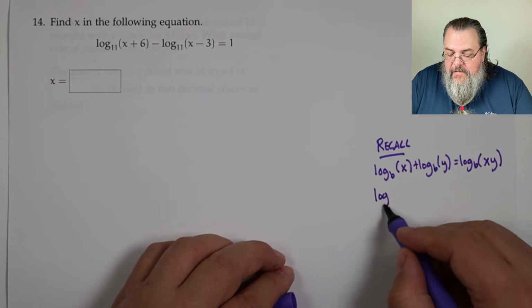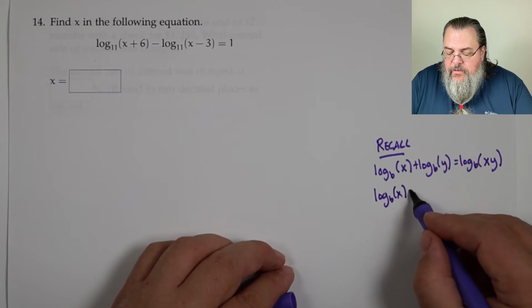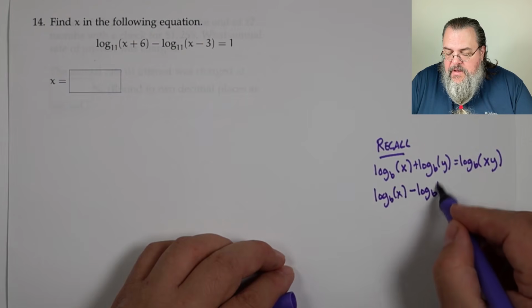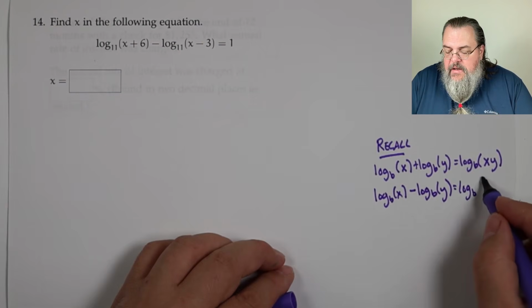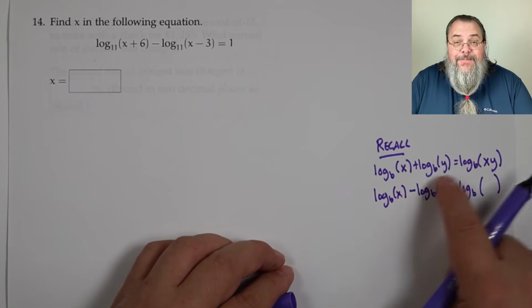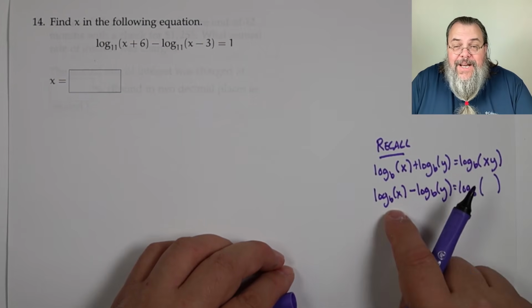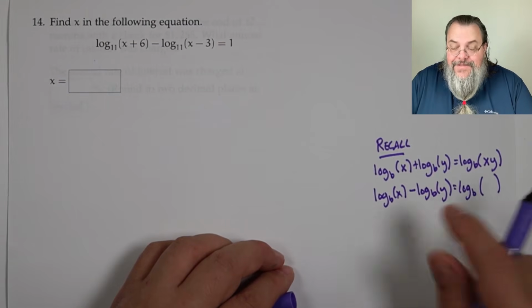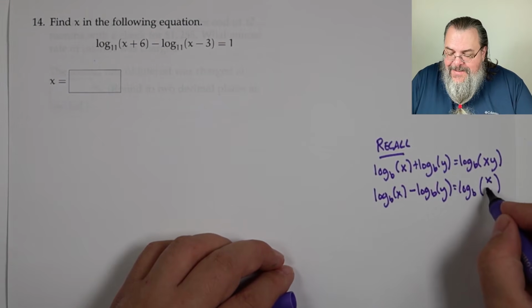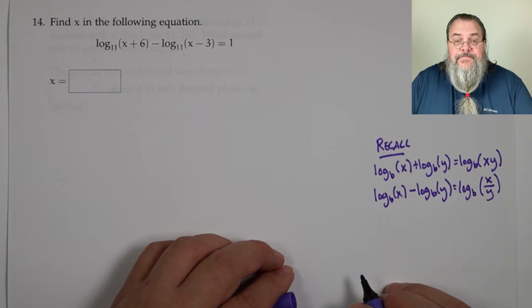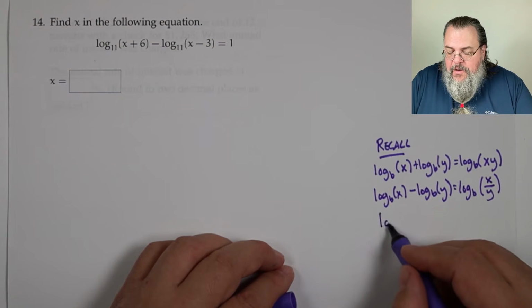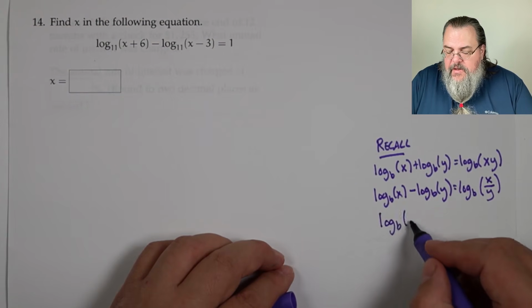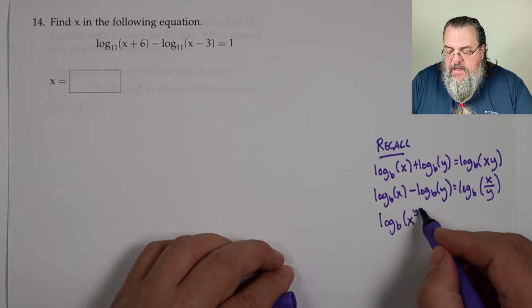Log base b of x subtract log base b of y is log base b of x over y. If addition became multiplication, subtraction becomes division. A few other things we'll note. We won't use all these properties, by the way, but it's good to know them. Who knows what you might need?